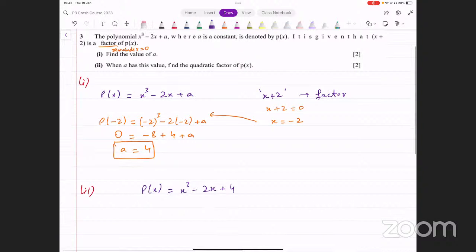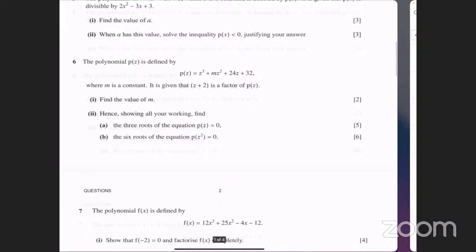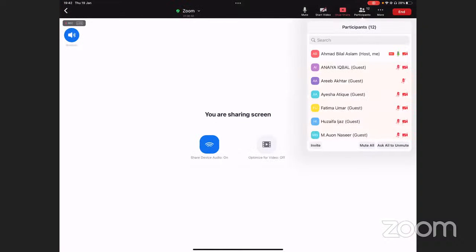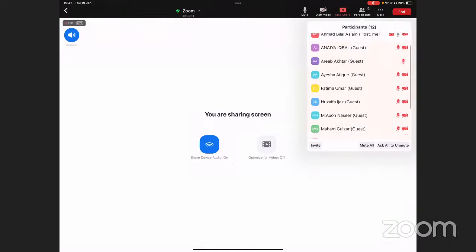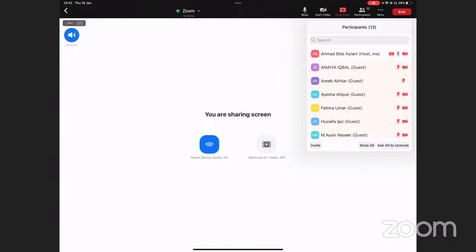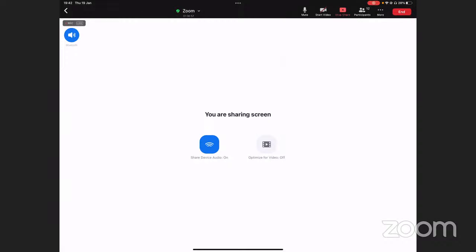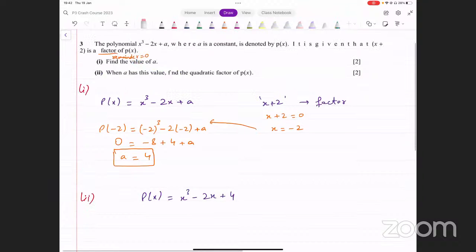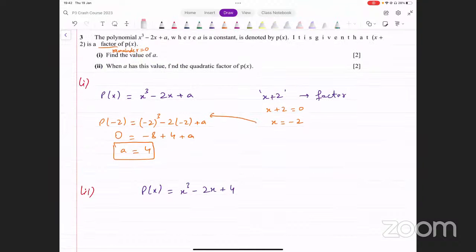We have a linear factor. We need to find the quadratic factor. How can we find that? Anyone? Sir, long division. Long division?